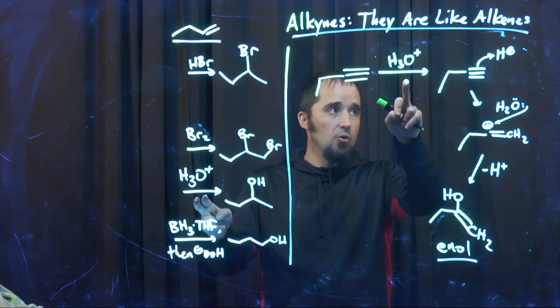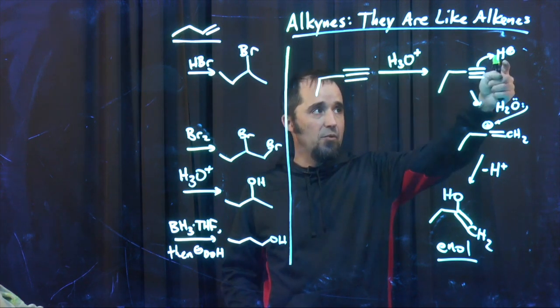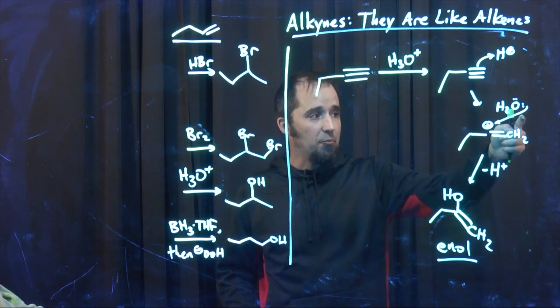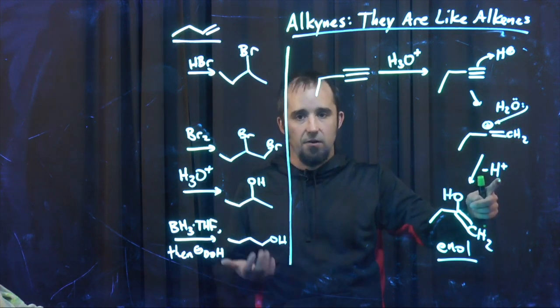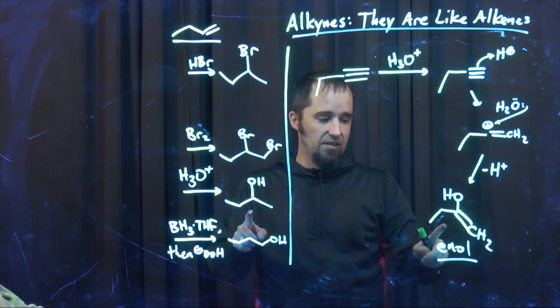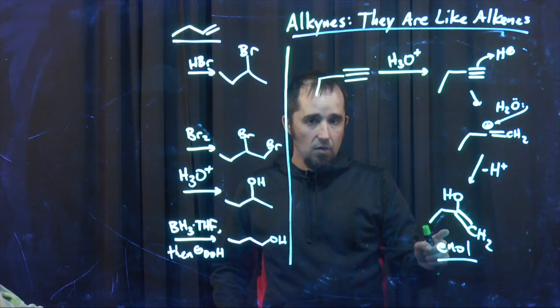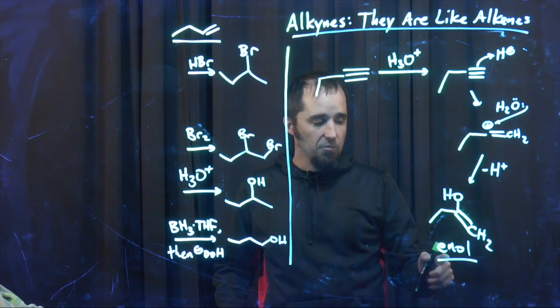When we react these alkynes with aqueous acid, it's very much like when we reacted our alkenes with aqueous acid. We're going to end up with our pi bond as a nucleophile grabbing a proton from the acid, getting this cation, trapping with water, losing that acidic proton to water or anything else, and then ending up with an OH like this. You can see the similarities between these two things. This, however, is different. Because of this double bond, we call it an enol.